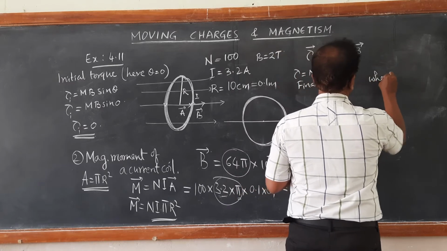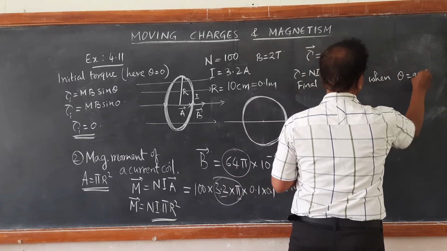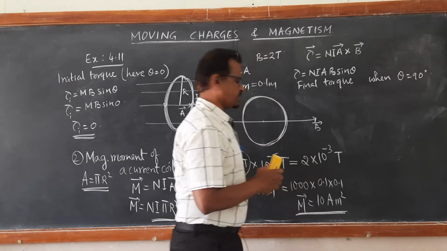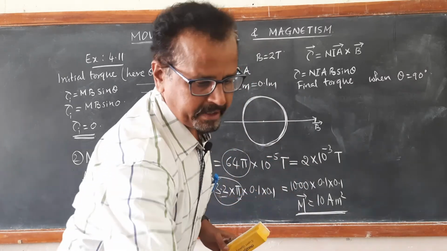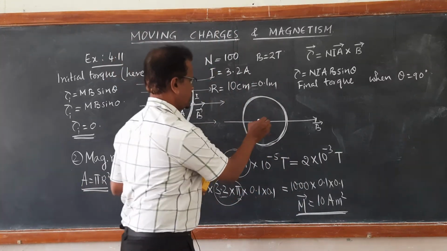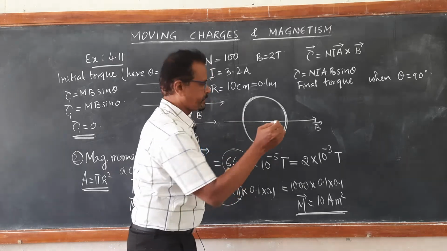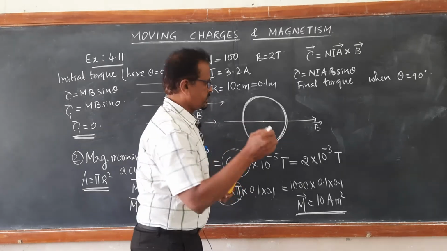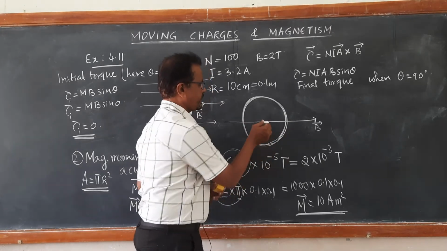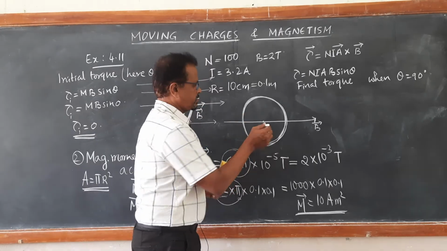When theta is 90 degrees, you can just see here its area vector is perpendicular to the plane of the board. Area vector and magnetic moment vector are in the same direction.